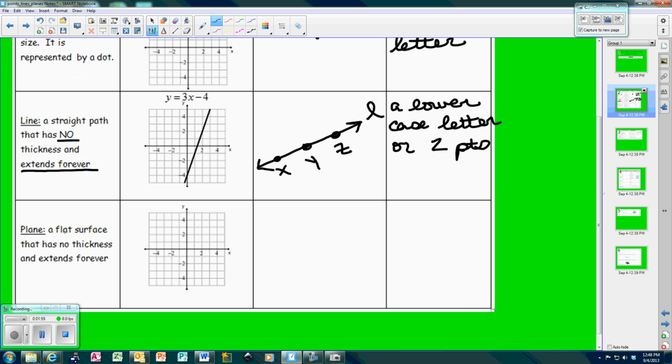A plane is a flat surface that has no thickness and extends forever. For example, a coordinate plane would be a plane. In geometry, it looks more like this. And we name it by using an uppercase letter or 3 points.